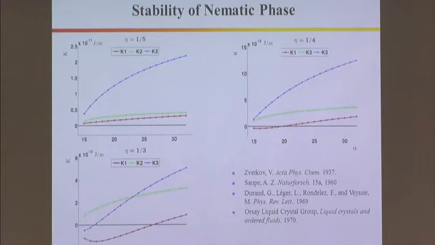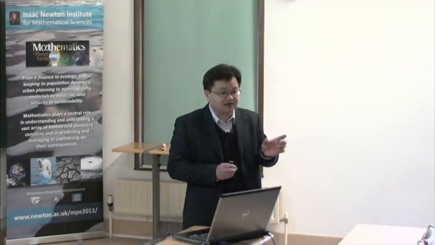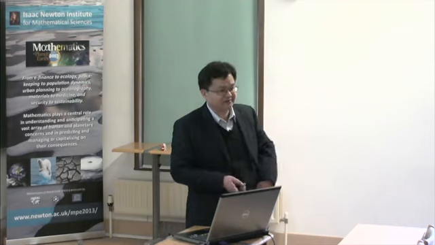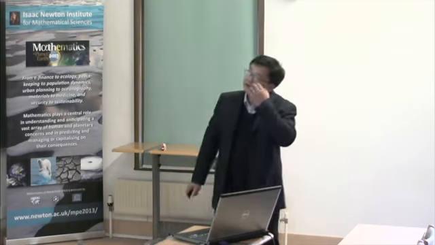So for 1/3, it is a big problem. Actually, there are a lot of experiments observing K1, K2, K3. Most cases are where eta, the length, is larger than 1/4. So from how the theory predicts, in the same sense, if the rod is too short, maybe the nematic phase loses stability.